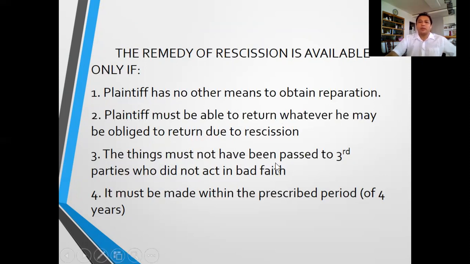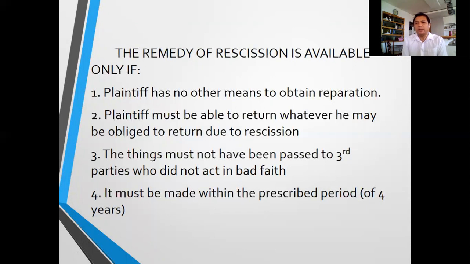And number three, the property has not yet passed to a third person who did not act in bad faith. Let's say the buyer of the ward's property has not yet transferred or sold the property to another third person.